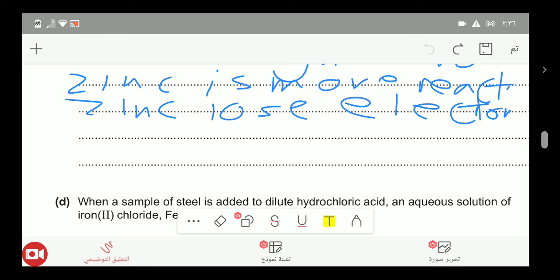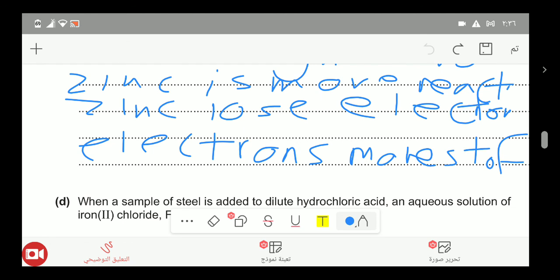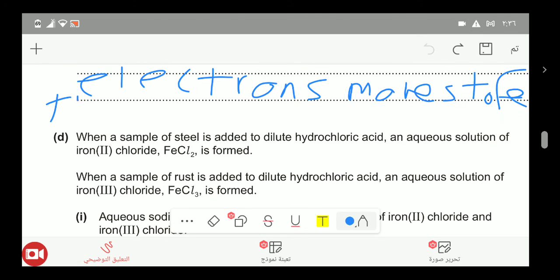So we can say that the electrons lost will move to iron, Fe. Therefore iron does not lose electrons, so it is not oxidized.